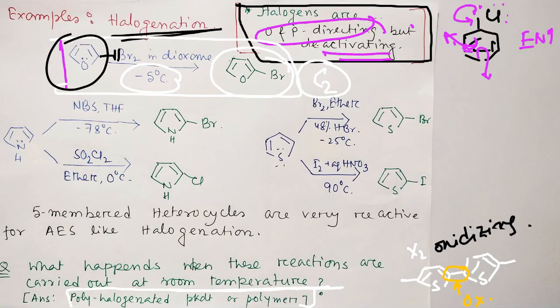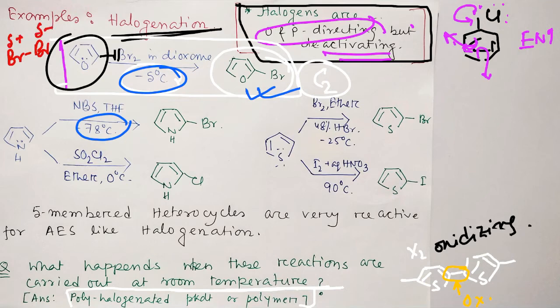Now let's come to the main topic. We have understood that this reaction occurs at -5 degrees centigrade. But if you do it with furan, then -78. By the way, for bromination, what happens? The bromine molecule has an instant dipole. This is bromine plus, bromine minus, and this bromine plus acts as the electrophile for this aromatic electrophilic substitution. Fine.